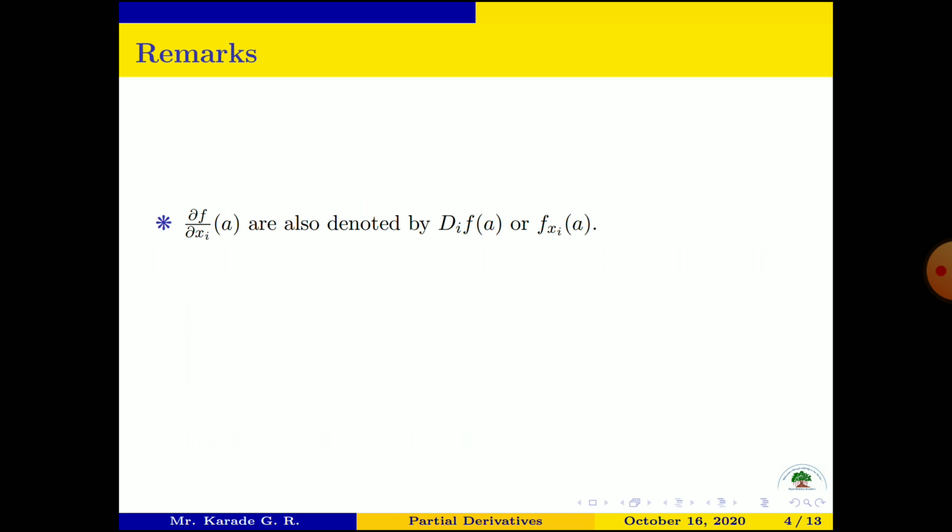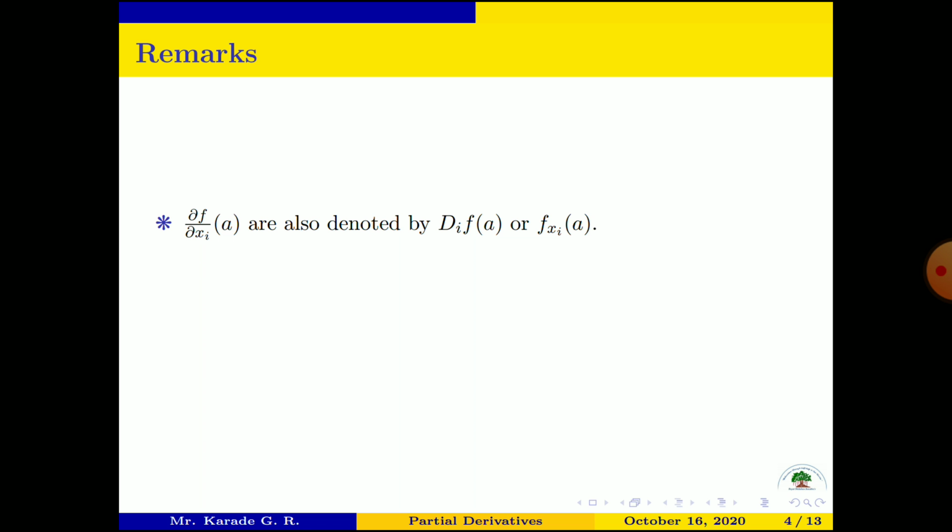Now we write some remarks. First remark is partial derivative of f with respect to xi at point a is also denoted by di f of a or f xi at a.